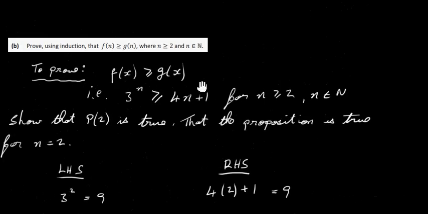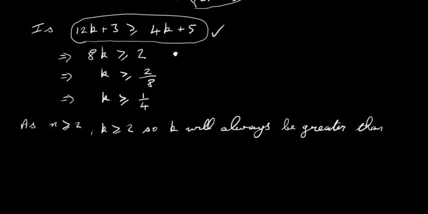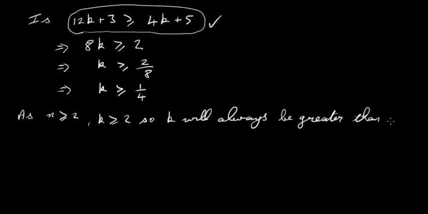Let me just double check that. Greater than or equal to 2. So it will always be greater than or equal to 2. Therefore, greater than or equal to a quarter here in this particular case.